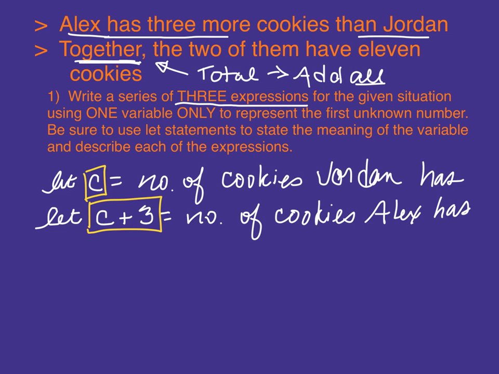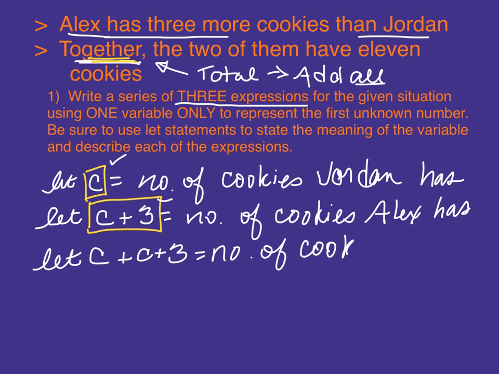So I'm going to add those together in my next let statement because that's the total, or the together statement here. So here we go. We've got let C, which is how many Jordan has, plus C plus 3, because that's how many Alex has. So that's the number of cookies altogether.